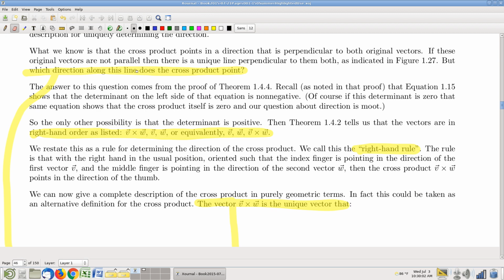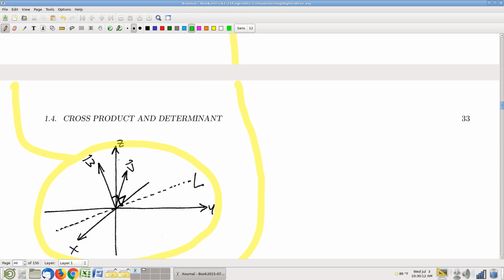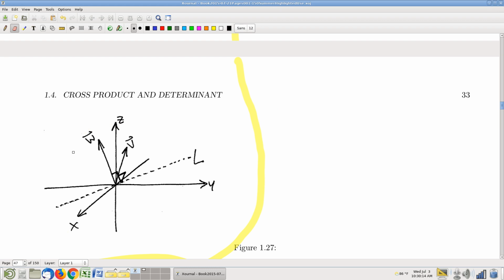Let's go up here. So I'm going to ask a question: which direction does the cross product point? We have a lot of that question answered already. Let's remind ourselves. Given a vector v and a vector w, the cross product is perpendicular to both of them. There's only one line, one direction, that is perpendicular to those two given vectors.